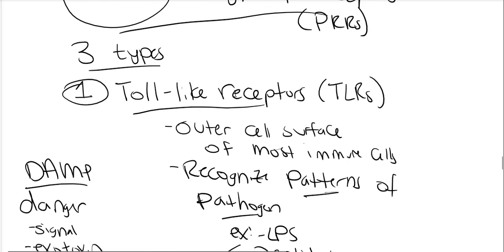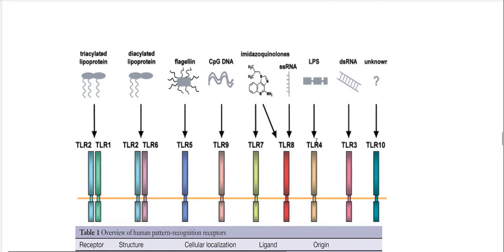So once again, toll-like receptors are on the outer cell surface. They're recognizing these PAMPs. Here are some examples. There are many toll-like receptors. In fact, in humans, there are 11 or 12 different toll-like receptors. They're still studying the purpose of toll-like receptors 11 and 12, but we already know what some of the other toll-like receptors do.